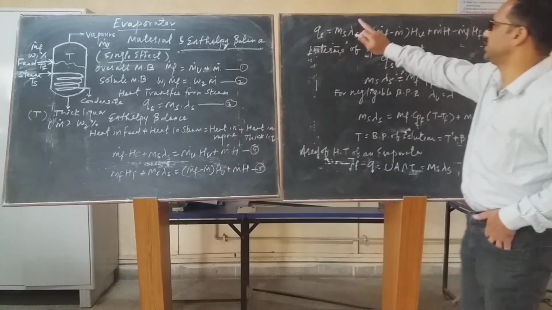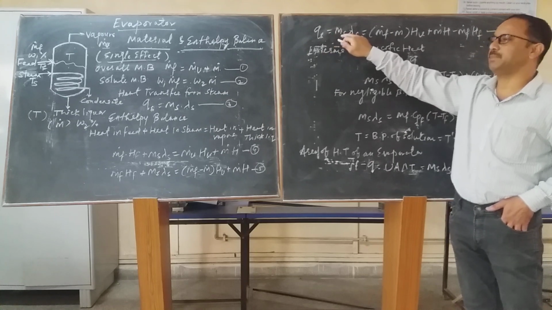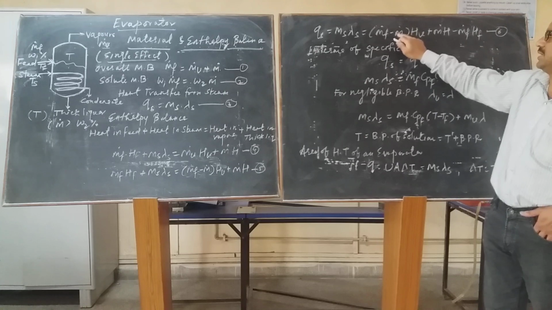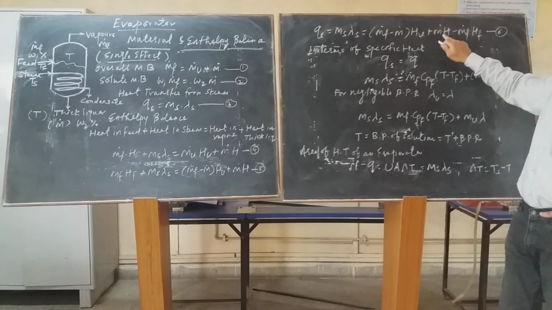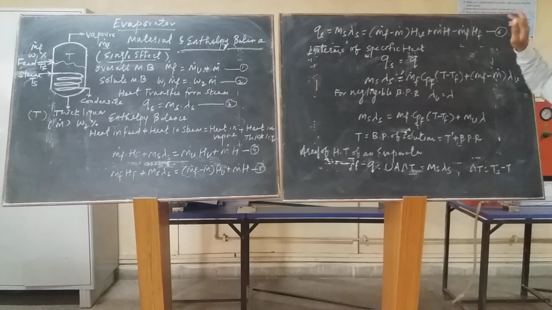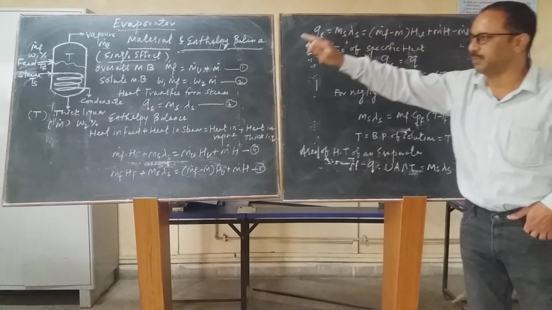The equation is rearranged in the form of the heat supplied from the steam side equal to mF minus m, that is the vapors, into the enthalpy of the vapors, plus the enthalpy of the thick liquor into the quantity of thick liquor, minus mF HF. This is the enthalpy balance for an evaporator.